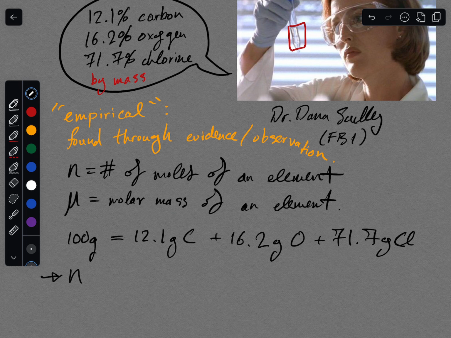So I'm going to call n sub C the number of moles of carbon. And I can convert this from the amount that I have here, the 12.1 grams of carbon, using the molar mass of carbon. So I just take 12.1 grams, and I'm going to multiply now by 1 mole per whatever the molar mass of carbon is.